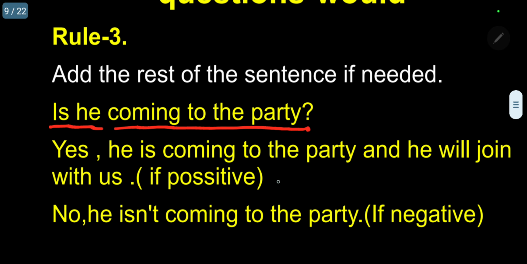Yes, he is coming to the party. Now I want to add some rest. What is next? And he will join with us. ஆம், அவன் விருந்துக்கு வந்து கொண்டிருக்கிறான், மேலும் அவன் நம்மளோடு விருந்தில் கலந்து கொள்வான். Positive.